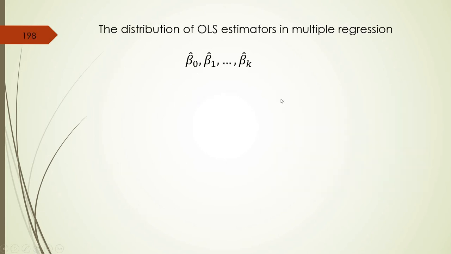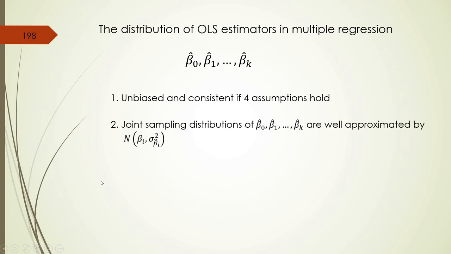Now we will talk about the distribution of OLS estimators in multiple regression, from beta 0 hat to beta k hat. We are expecting that they are unbiased and consistent if the 4 assumptions hold, and their joint distribution should be well approximated by a normal distribution.